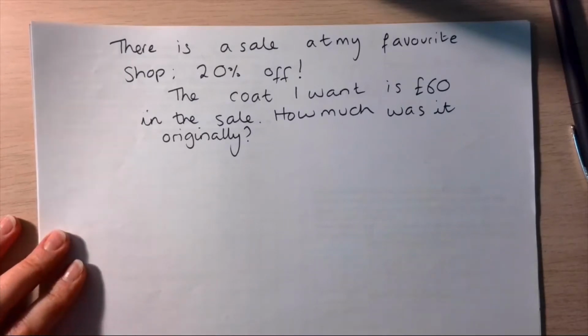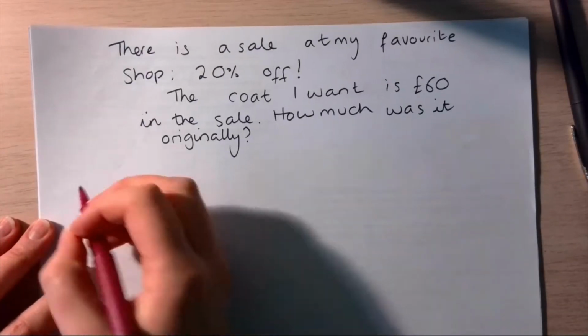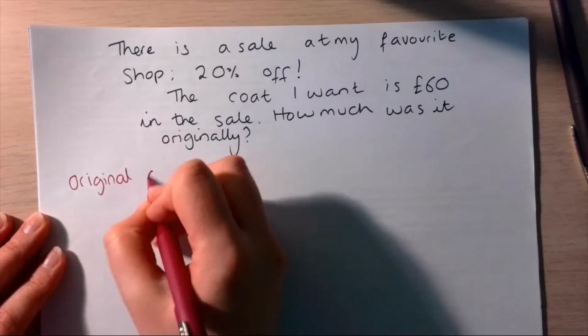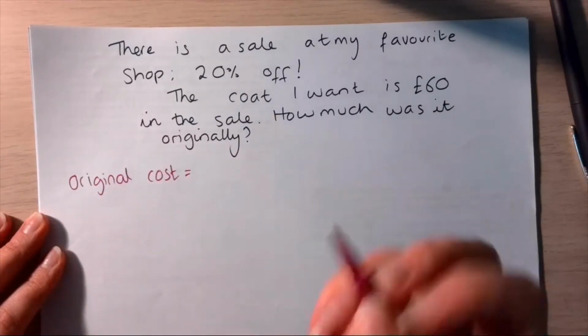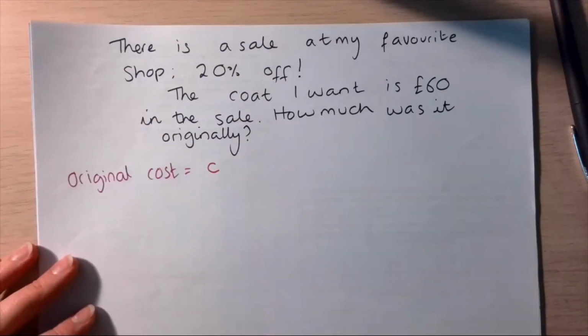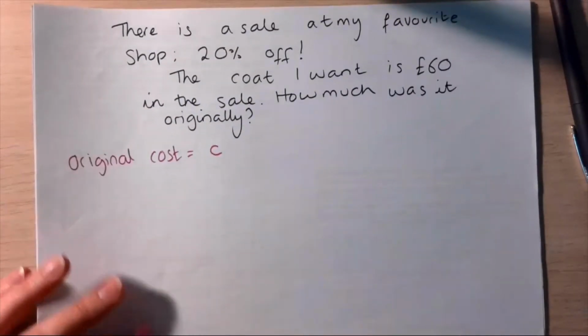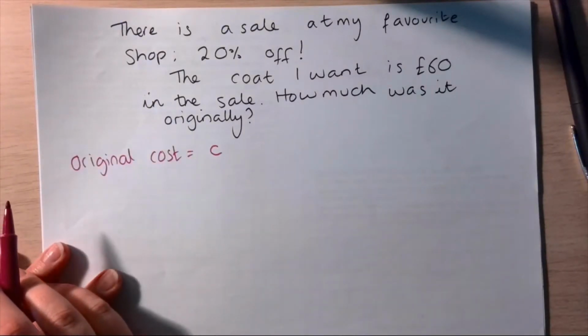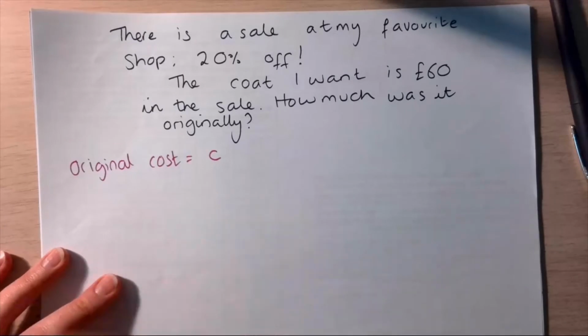So we're going to say originally my coat cost, so let's put original cost, I'm going to call it C for cost. You can call it anything you want, I'm just giving it a variable. And I know that if I was going to take 20% off its original price, I'd multiply it by a multiplier.